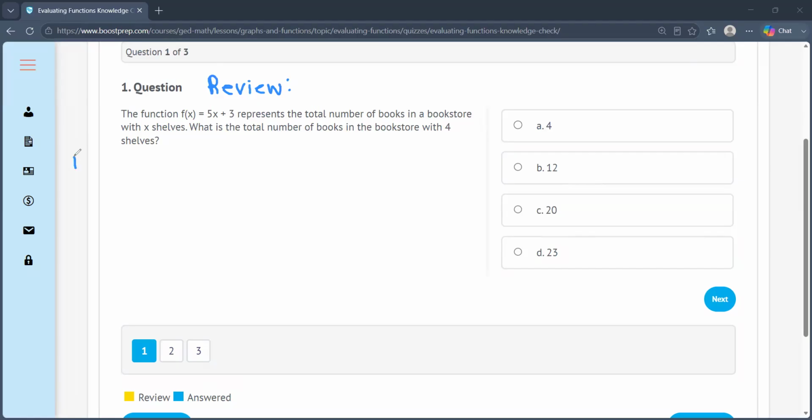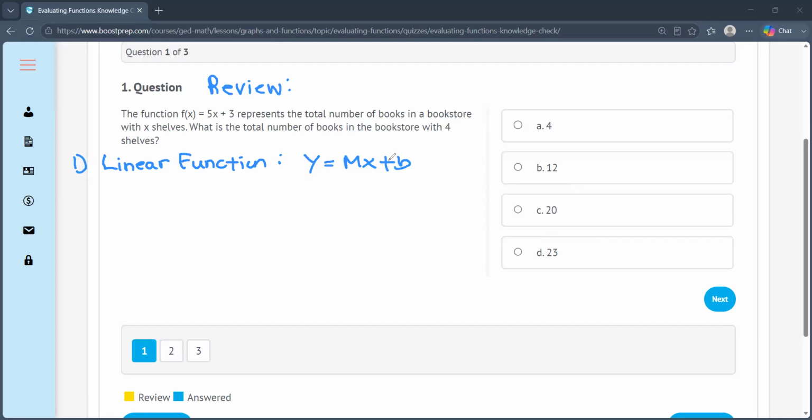The linear equation. You've probably seen this many times before, but I'm going to repeat it again. A linear function or linear equation is in the form of y equals mx plus b.